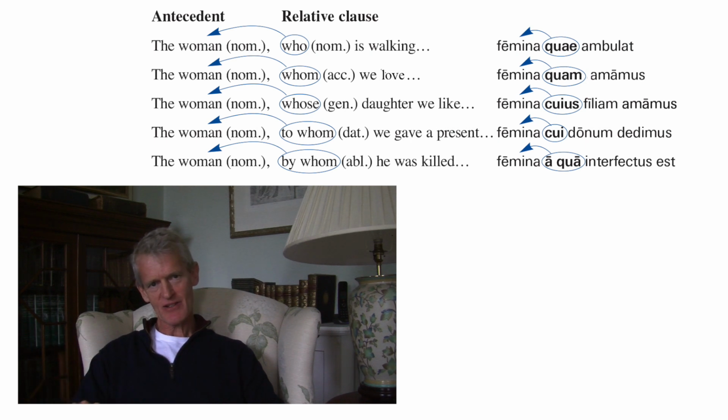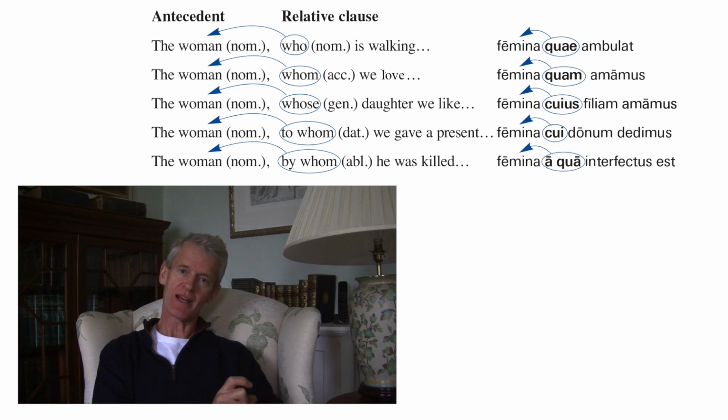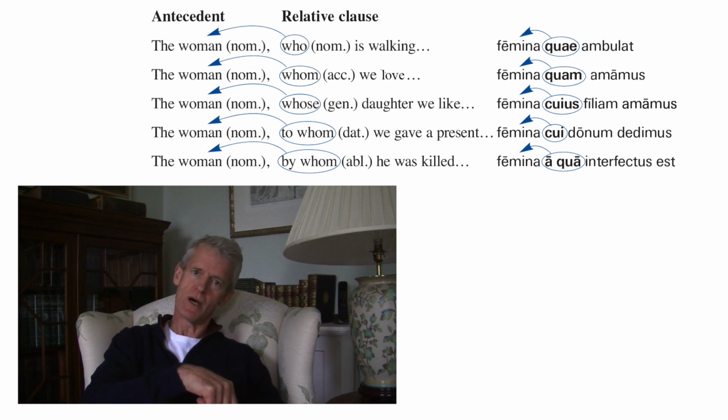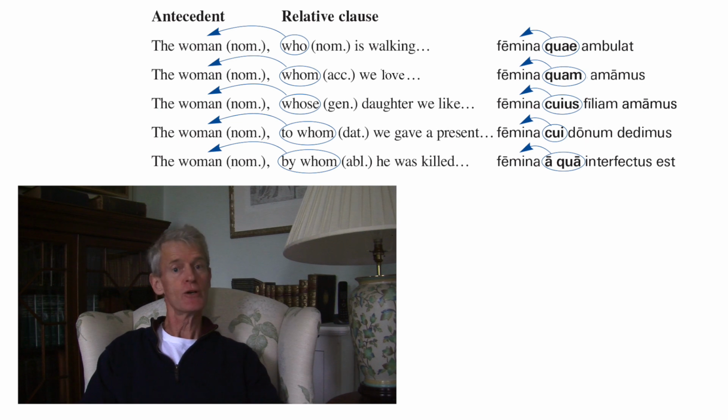the relative pronoun is still referring to the antecedent, the woman, so femina, and that is feminine and singular. So we're picking a feminine singular relative pronoun, but this time we've put it in the genitive because it's of whom, or in English we say whose.